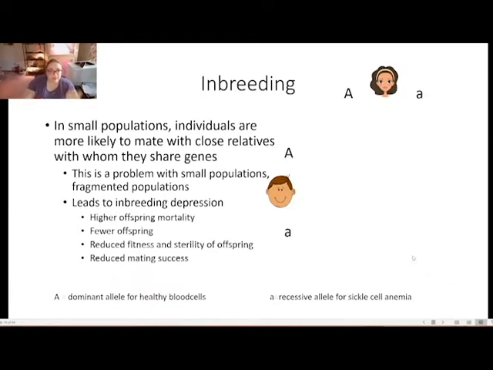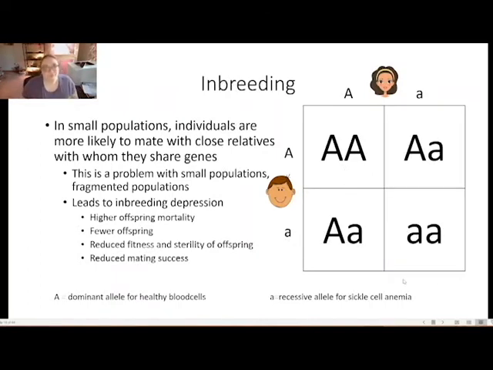So maybe you're both even heterozygous. That's the best case scenario. If you were both homozygous for the same trait, then also not good. But let's say you're both heterozygous and you have offspring. This is the typical Punnett square for determining the frequency that the alleles will be present in offspring.